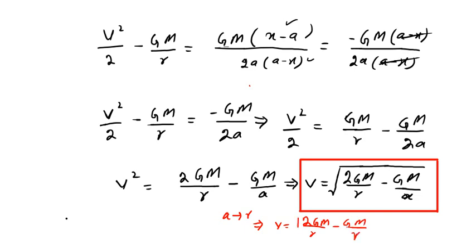So this will again be the square root of GM divided by r, and that is actually the circular orbit. So this is the real equation which can be used for any elliptical orbiting speed.